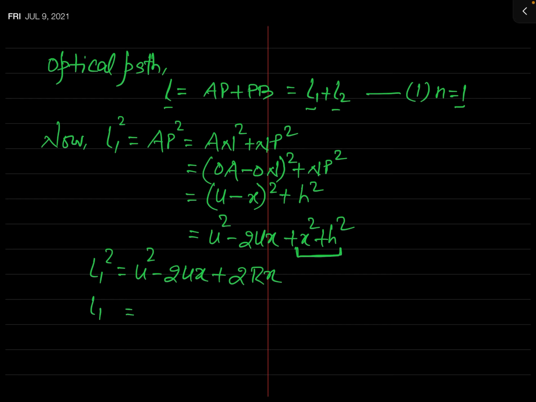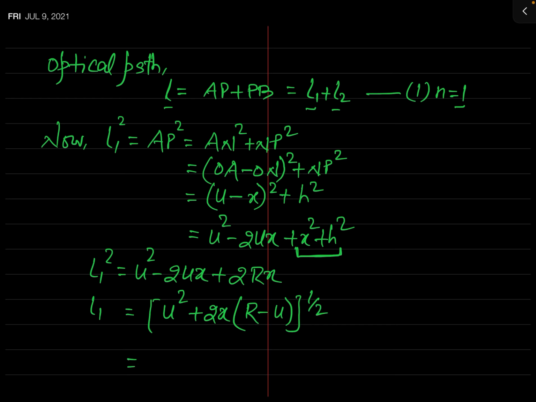So when you write L1, we will take the square root of RHS, and you can see this will be u square, and in the second and third term you can take 2x as a common factor. So take 2x as a common factor. The remaining term will be r minus u, and whole to the power half.